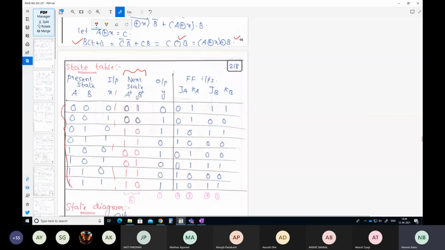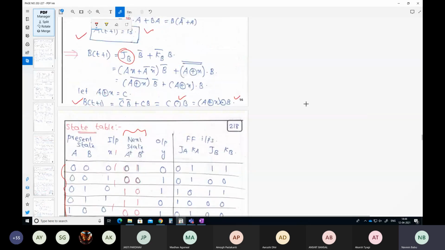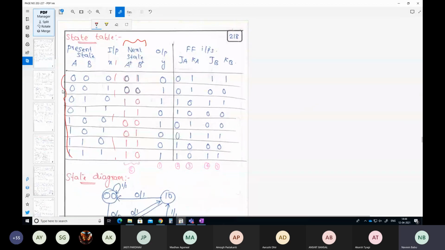Now, the next state values you can directly fill from this equation. A of t plus 1 is equal to B, right? So this A plus means it is the next state, instead of writing A of t plus 1 is equal to B, right? So I just copied 0 0 1 1 0 0 1 1 0 0 1 1 0 0 1 1.